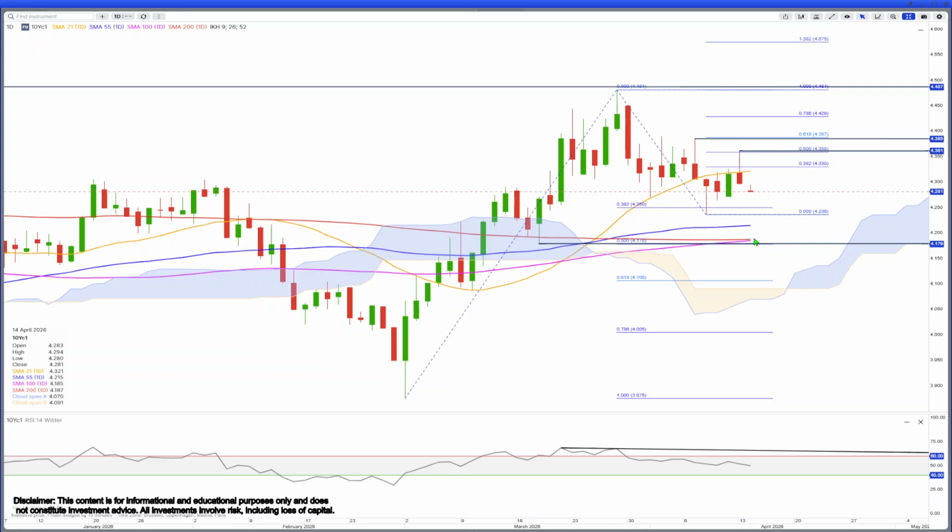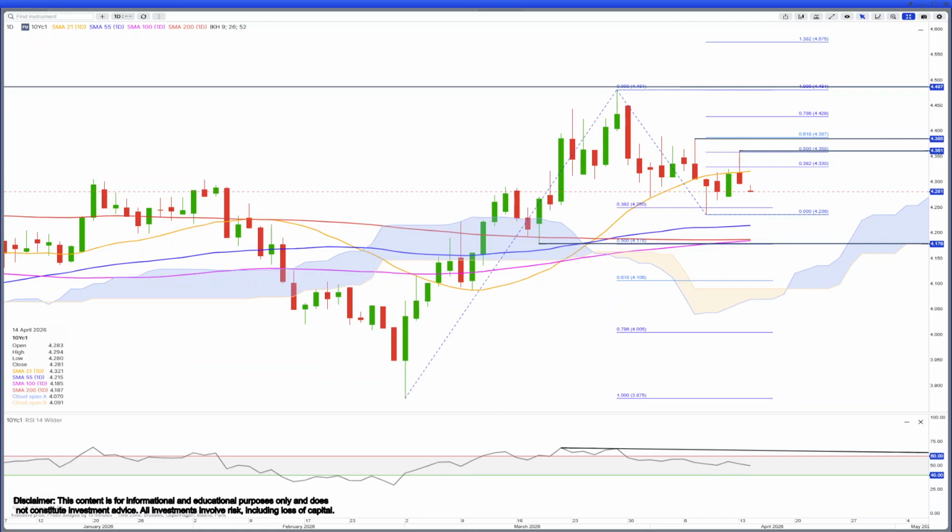You can see the 100 tomorrow. If it has broken above the 200, the 100 there, then that is a bullish signal. It's not the strongest one, but nevertheless it is there, and we already have the 55 moving above those two. So there is some strong support in this region here. So I'm not quite sure we will get all the way down, but it's not unlikely it could dip down and then bounce.